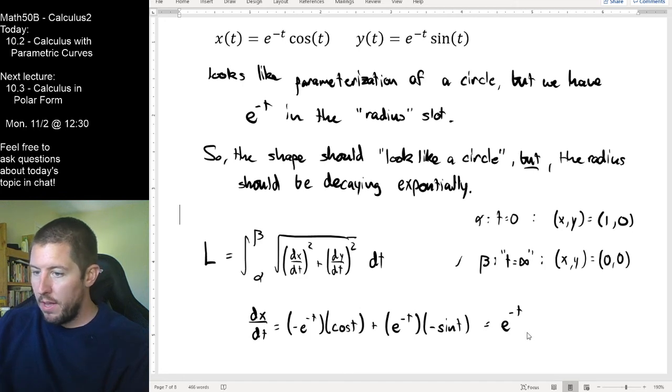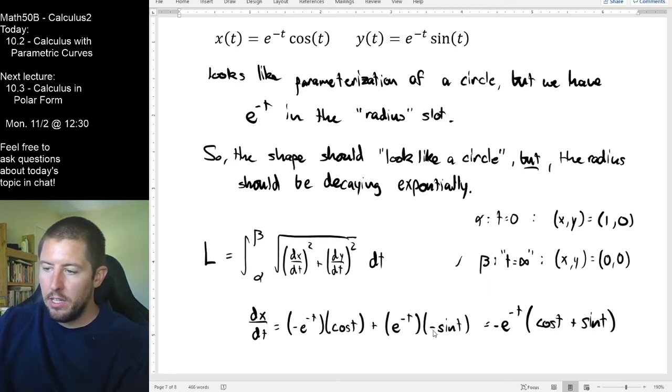I'm going to factor out a negative e to the negative t. This grouping is negative and this grouping is negative, so factoring out the negative and the e to the negative t, I'm left with cosine t plus sine t. The resulting parts are all positive here.